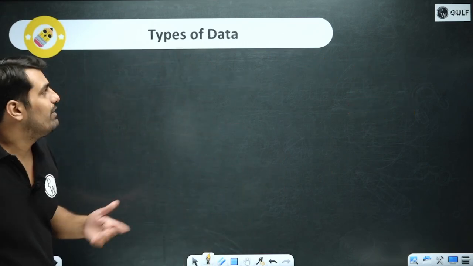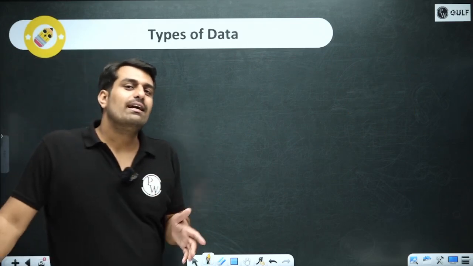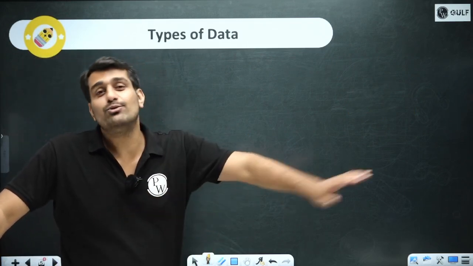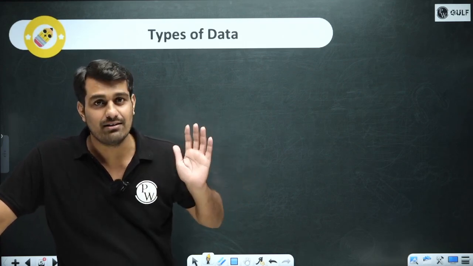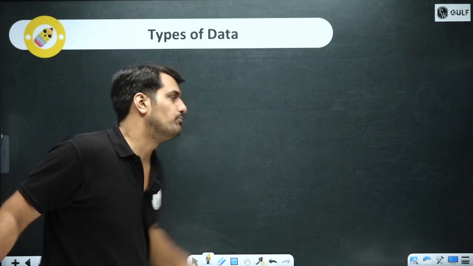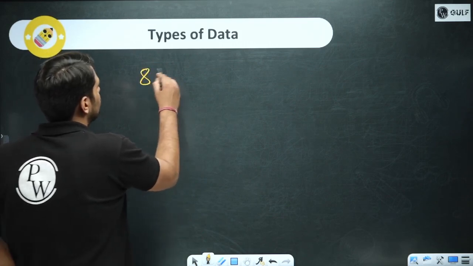When we say a lot of data, let's say I have conducted a test and there are many students. It's not a single classroom where 5 or 10 or 15 or 20 or 30 students are there. Let's say 500 students are there. So the scores are something like this.